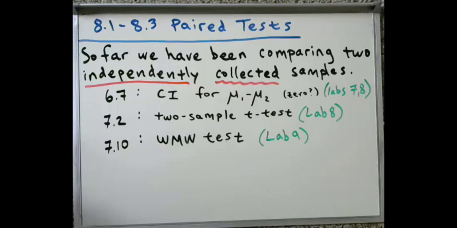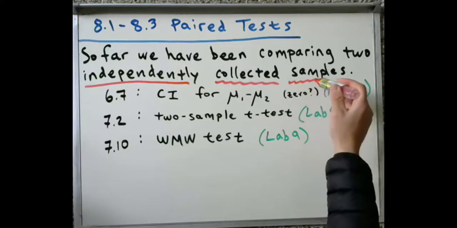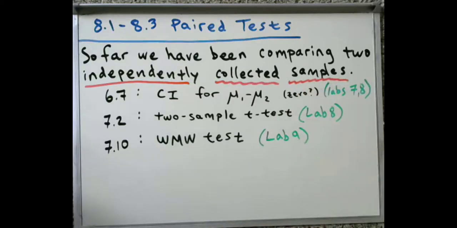Now that's different than independent observations. Independent collection has been illustrated in examples such as, hey, 100 rainbow trout were selected and 85 brook trout were selected, and we compared their lengths.